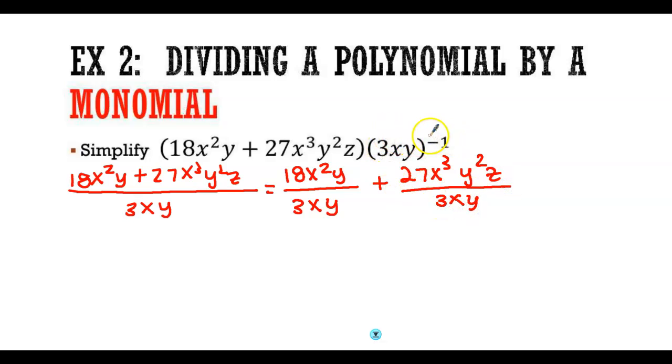And if you're wondering again, why is that 3xy on the denominator? Recall, if I have an exponent of negative 1, if I want to make it positive, I bring it to the bottom. So since I brought it to the bottom, it's now a division question.